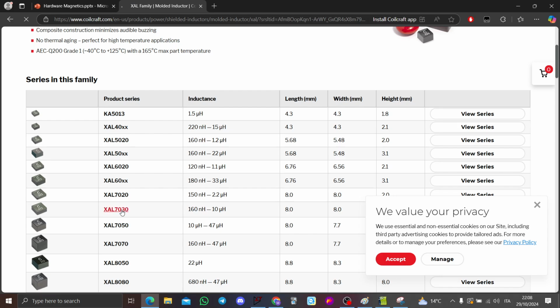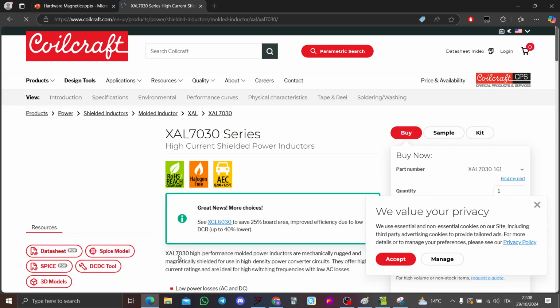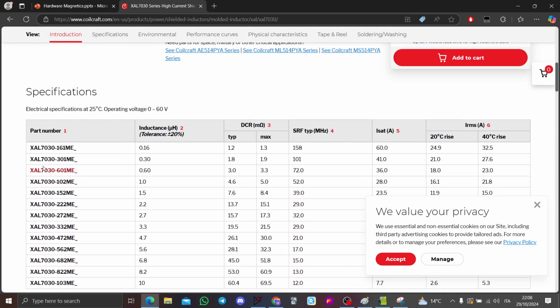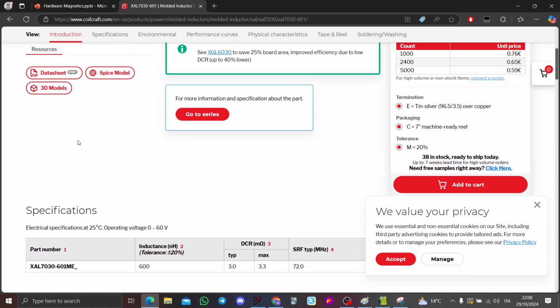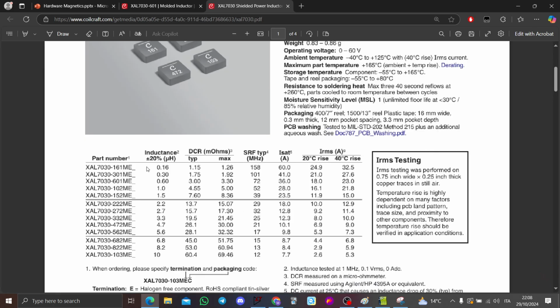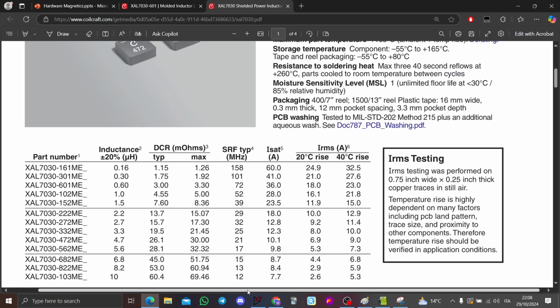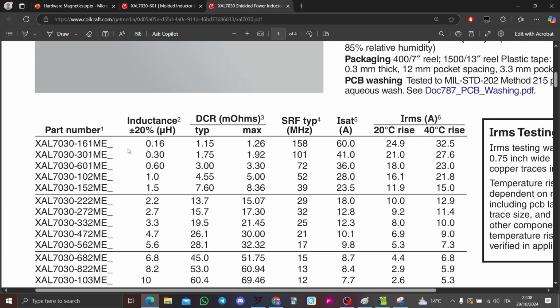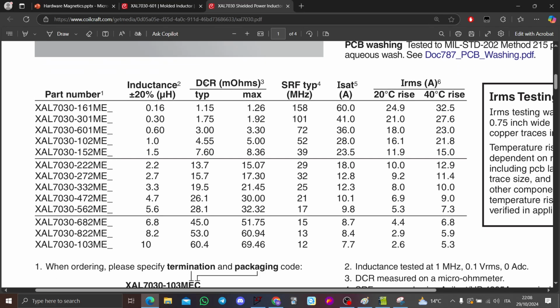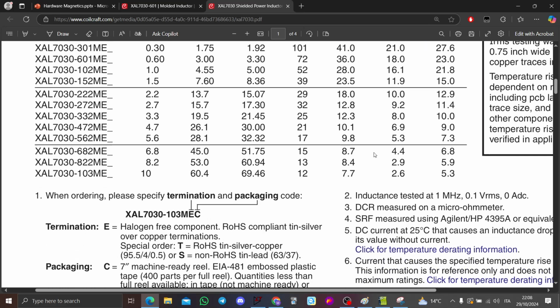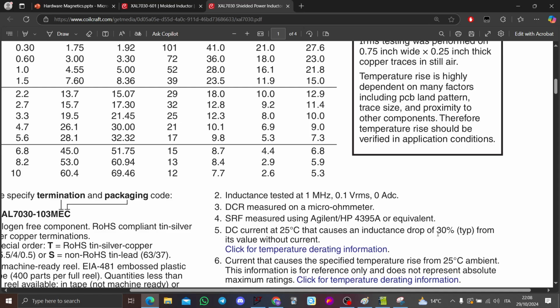Yes, I don't care what it was, one of them randomly. Let's open the datasheet and let's see. Okay, so the first was the inductance at plus minus 20%. I said the second was the DCR. The third was SRF, high saturation. Let's see on 5: DC current at 25 that causes inductance to drop of 30%.